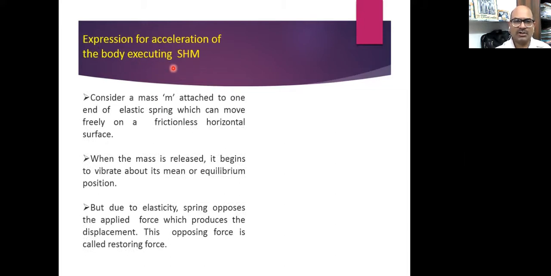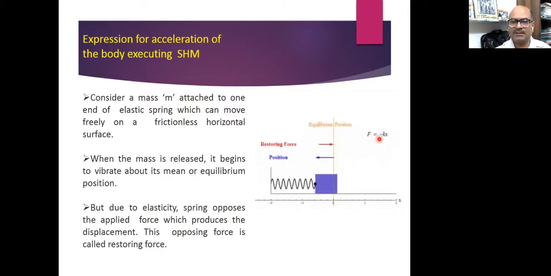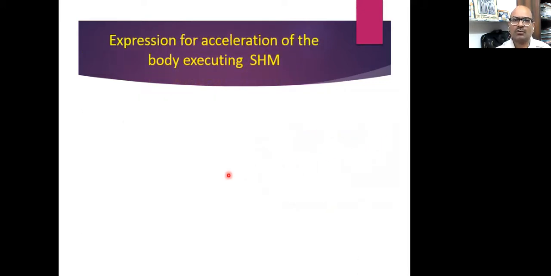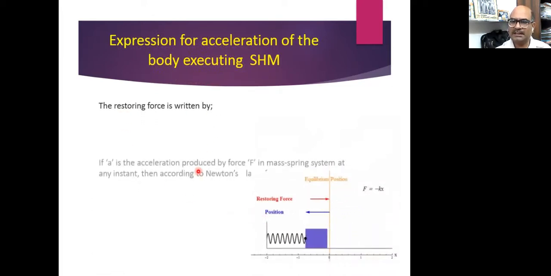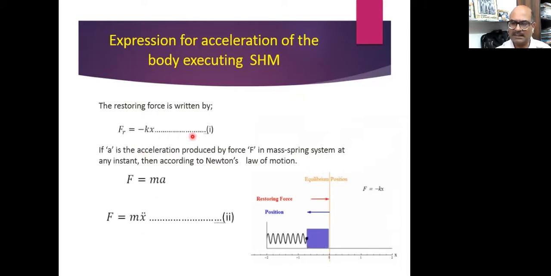Now, the expression for acceleration. We can easily find that F is equal to minus kx. In this system, the restoring force is written as F is equal to minus kx. Due to this restoring force, acceleration is generated in the system, and that's why we have the expression F is equal to m x double dot, which expresses the acceleration of the system.